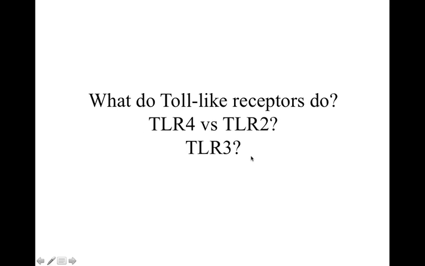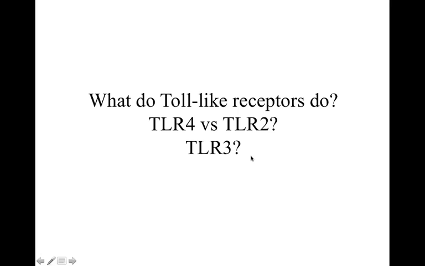Then we looked at some of the innate immune receptors. What do the toll-like receptors do, and what's the difference between TLR4, 2, and 3? There are many more toll-like receptors than that, but I want you to note these three. The toll-like receptors are innate immune receptors.